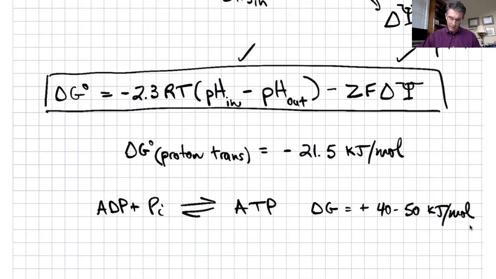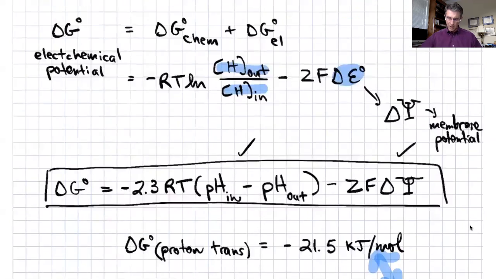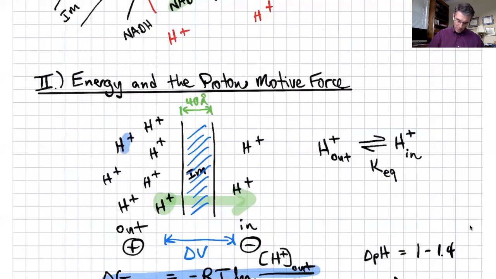You think about that for a second, and that means something. It means we can't make ATP with transport of one proton. In fact, we probably can't make ATP with transport of even two protons. To synthesize an ATP from ADP and inorganic phosphate, we're going to have to transport three protons across that electrochemical gradient.